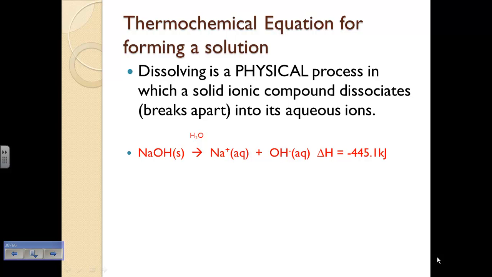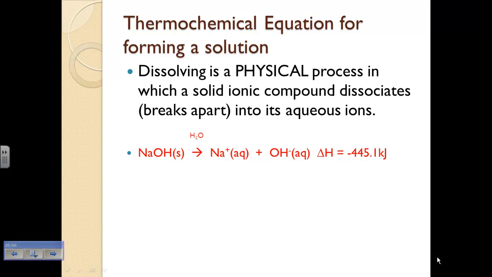Now, a couple of things to emphasize as you check your thermochemical equation with what I have on the screen. To the far left is our reactant, although in a physical process, it's just the beginning material. This is not a chemical change, but a physical change. I'm simply dissolving a salt into water. NaOH, solid. Notice on top of my arrow, best I could, I typed in that water was being added to the solid.